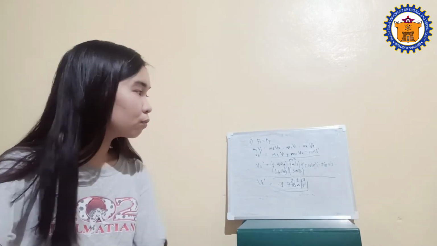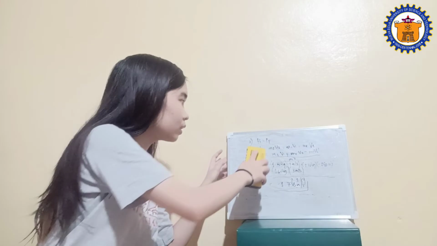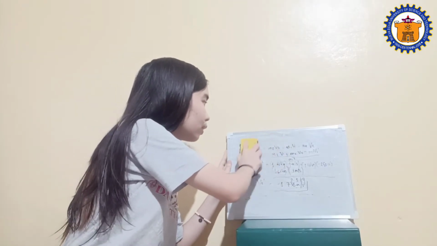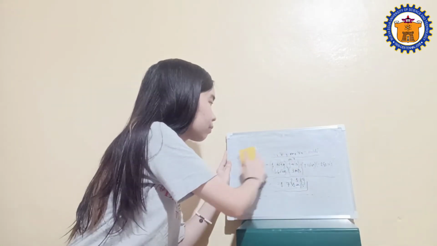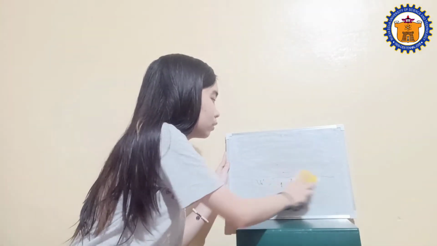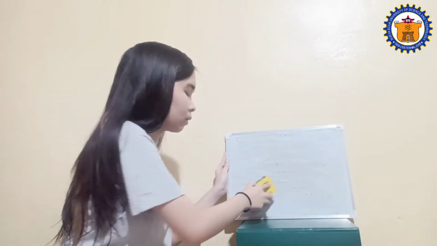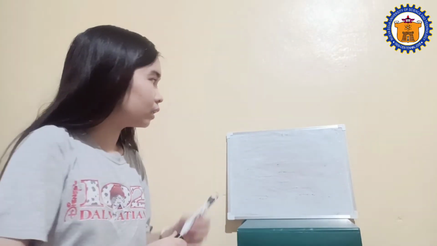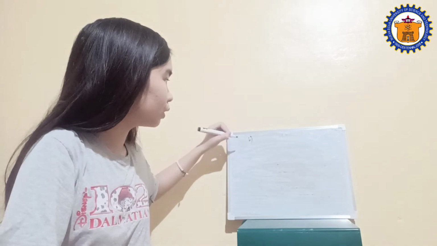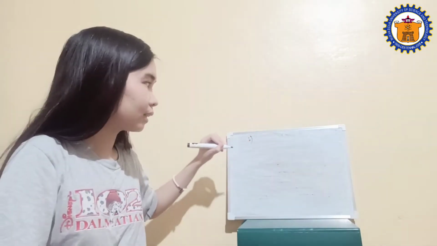And to solve for letter B question naman, ang gagamitin nating formula doon is conservation of energy. So, isolve na din natin yun, which is letter B question is to find the compression of the spring at that time.